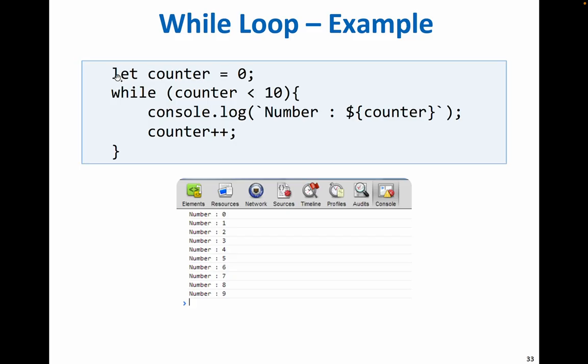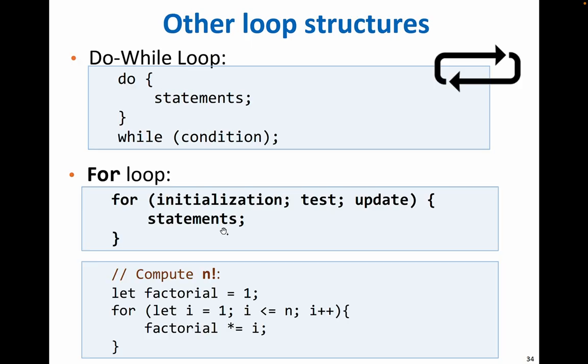In this example, we say let counter be 0, and then while it is less than 10, print the counter itself with the formatted string. Then we increment the counter, and here is the result that we can see for this example.